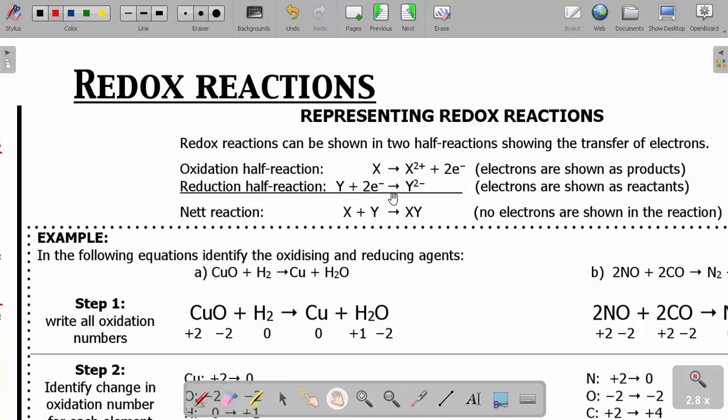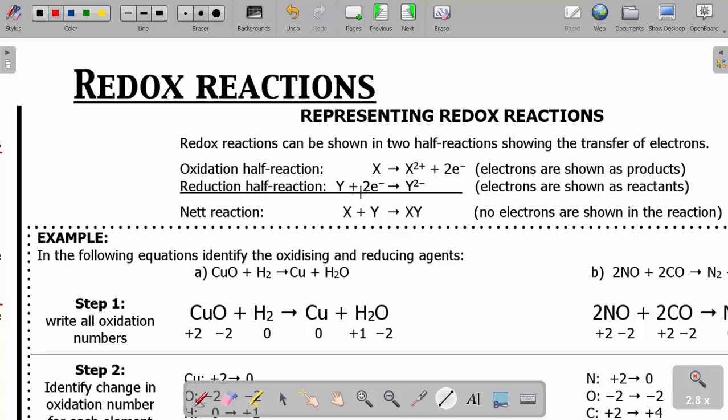When we lose, here in the reduction, they appear in the reactants. What about an oxidation? They appear in the products. Okay, so this is the net reaction here, whereby the 2 electrons cancel out as we add to get the overall equation.